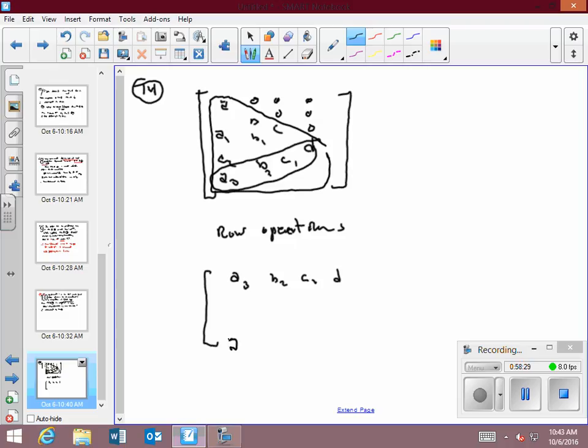Let's do it this way. If we start out with this row, we can multiply by this row to get this A1 to be 0, right?